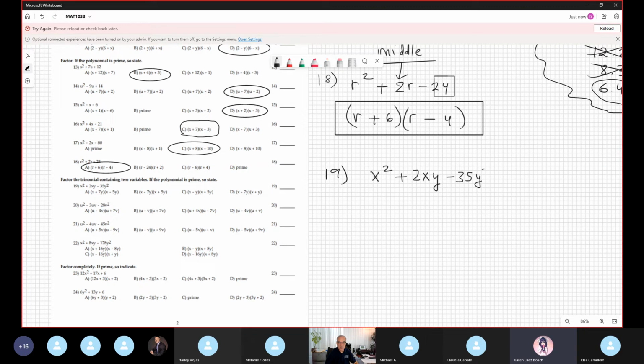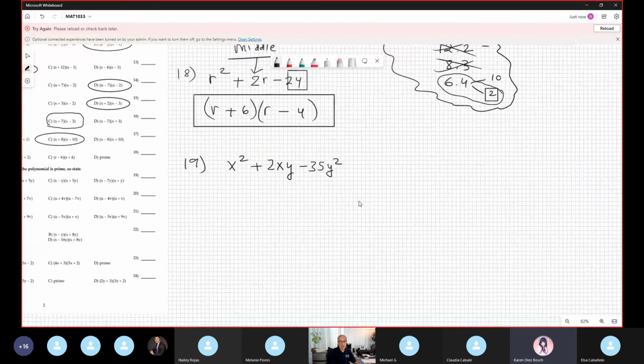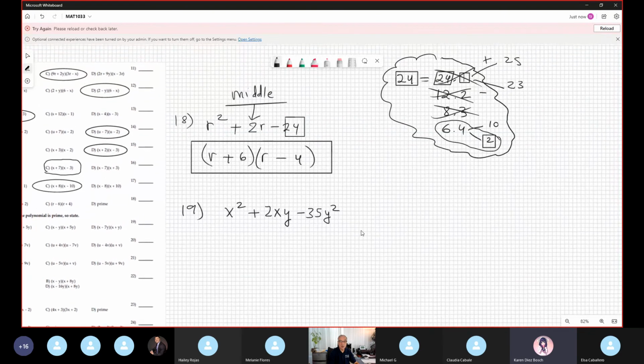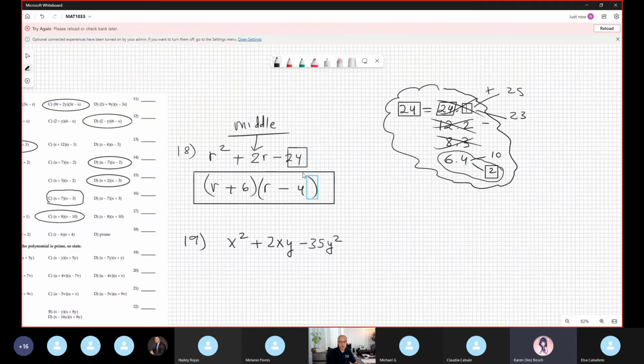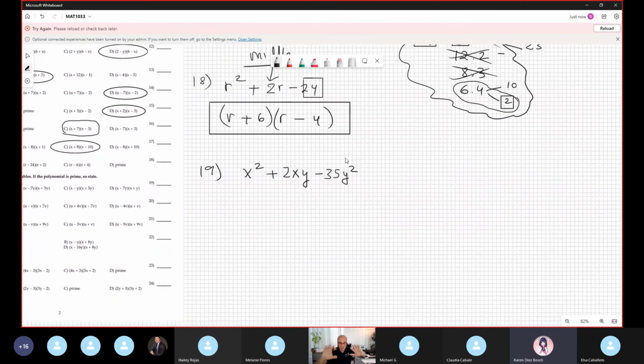What is the new thing this example can bring me? Well, the trinomials we frequently work with contain only one variable, r, and here we have two variables, but it's the same. No big deal. You ignore the y and focus on x squared plus 2x minus 35.